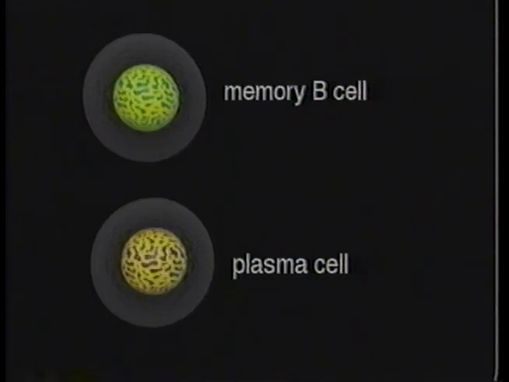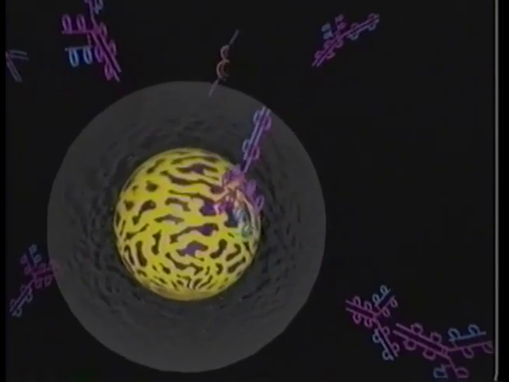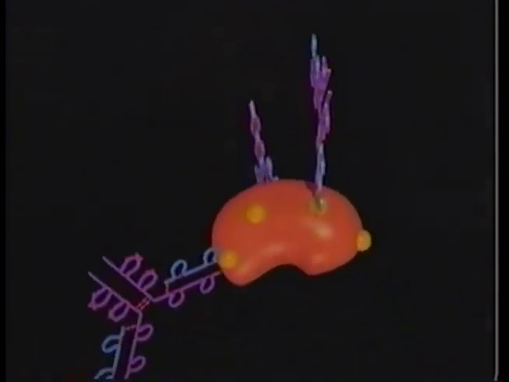Plasma cells manufacture large quantities of antibody molecules. These antibodies are specific and will only recognize and attack the antigen that sensitized the original B cell. Antibodies bind to their antigenic targets and form antigen-antibody complexes. This binding can inactivate or destroy the antigen through a variety of different mechanisms.